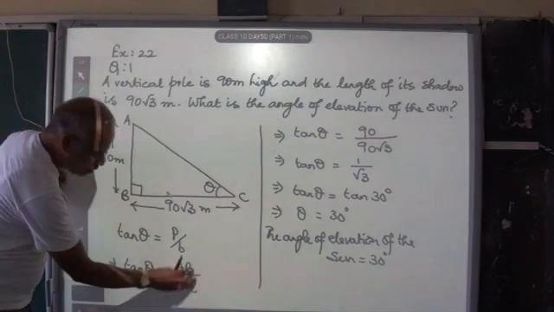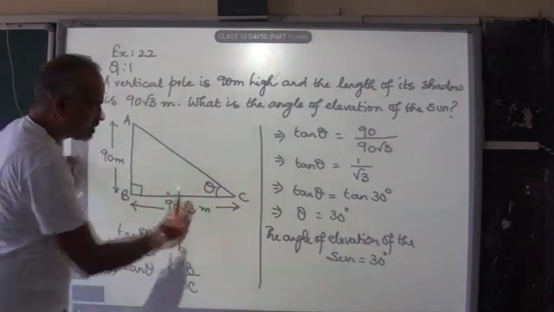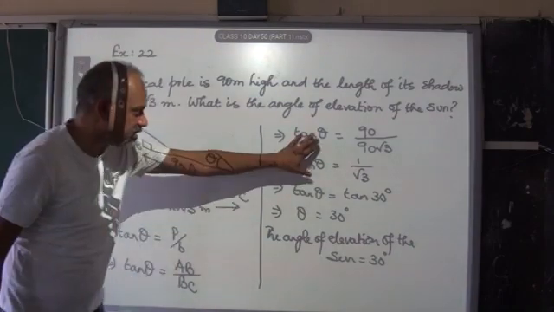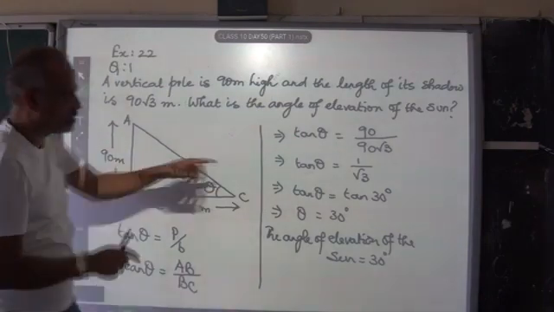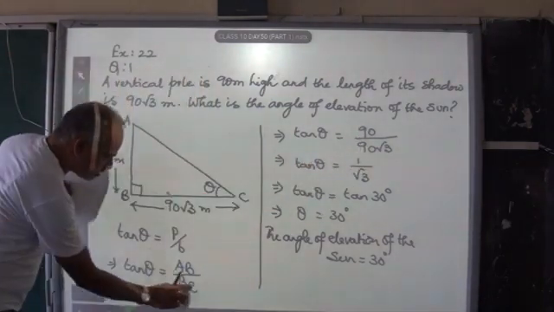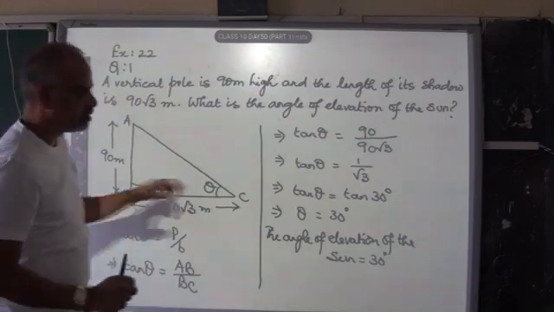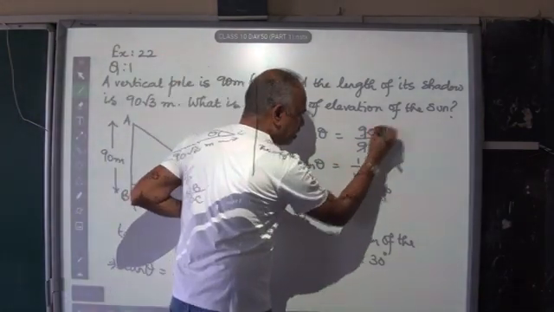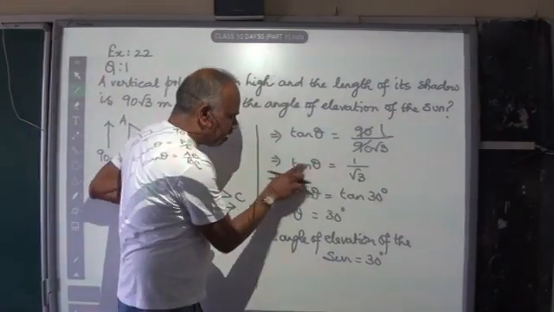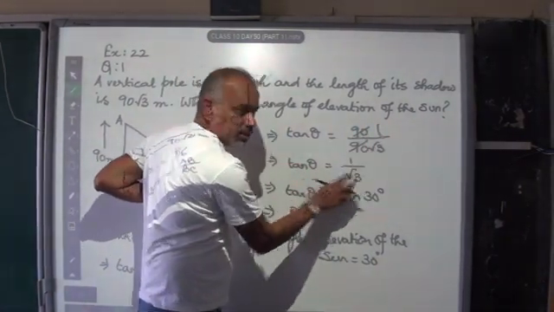Now put these values. So next step is tan theta is equal to AB's length, 90, divided by BC's length, 90 root 3. The 90 will get cancelled. So tan theta is 1 by root 3.